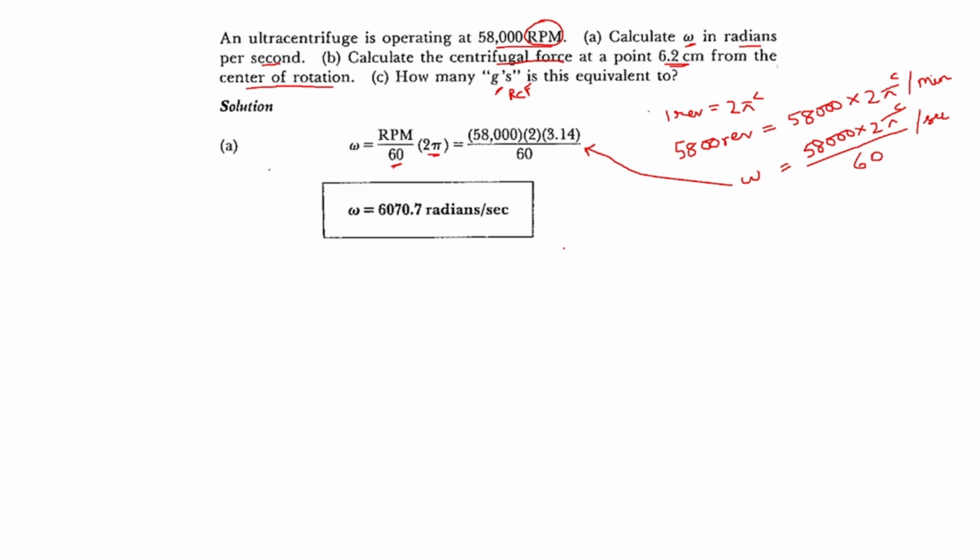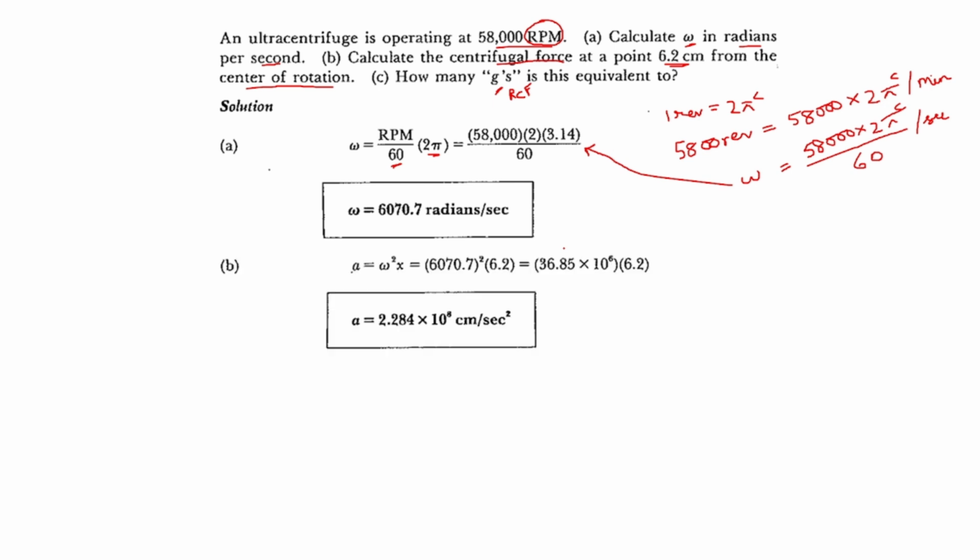Now we have to calculate the centrifugal force. By centrifugal force, we mean the centrifugal acceleration. Acceleration is given by omega square r, or omega square x, where x means the distance.